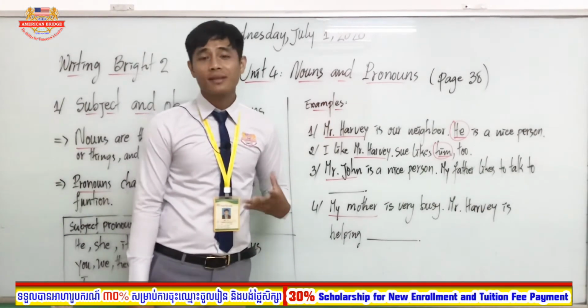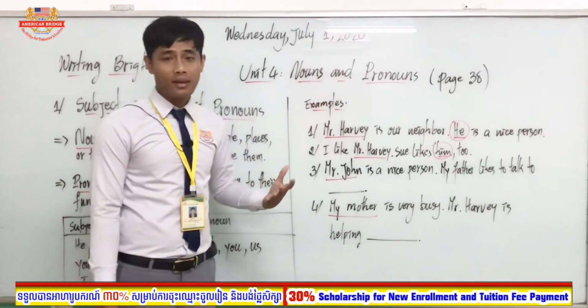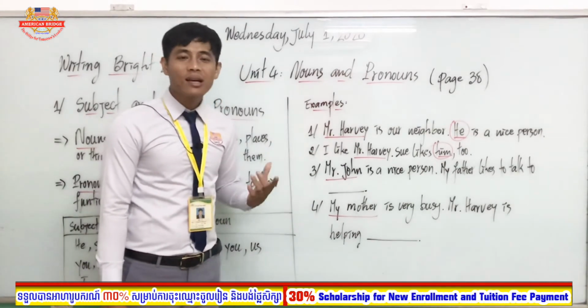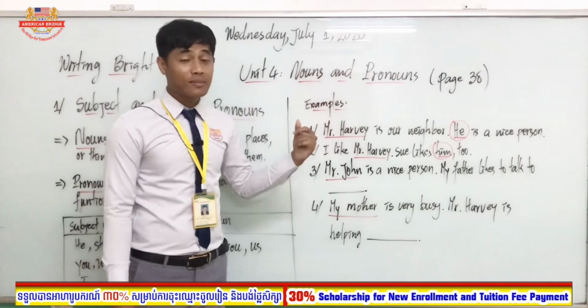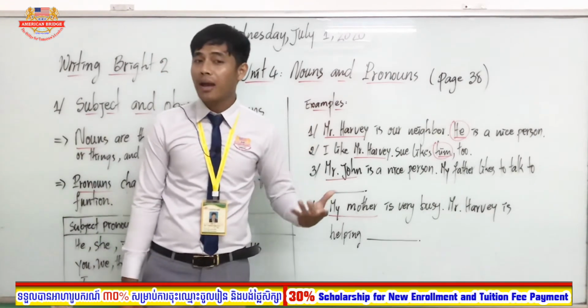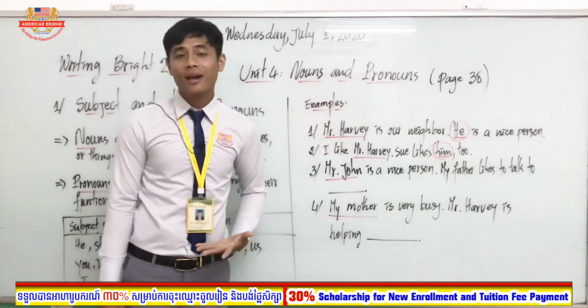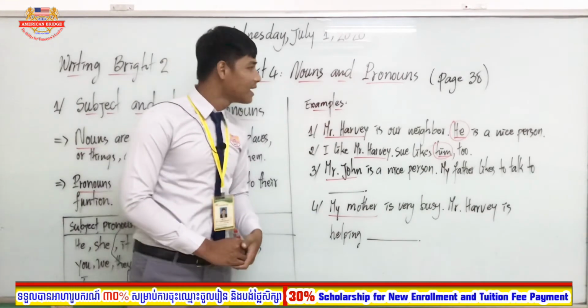So in the previous unit, we have already learned about some types of noun, right? About the meaning of noun and some types of noun like plural noun, singular noun, and count nouns and uncount nouns also. Okay, good.